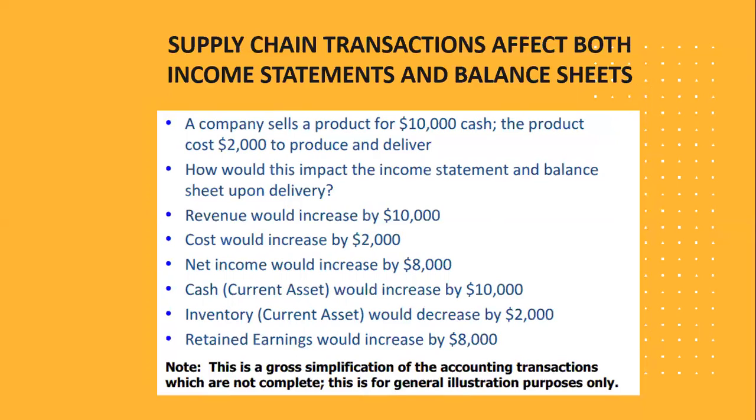Also, your inventory is going to go down by 2,000, because you had these 2,000 worth of product in your inventory, in your warehouse. It's no longer there. You have now sold that. So that 2,000 is going to go down in the value of your inventory.